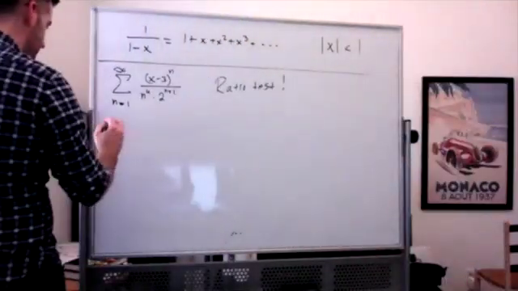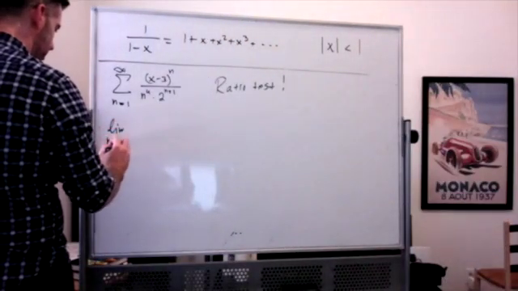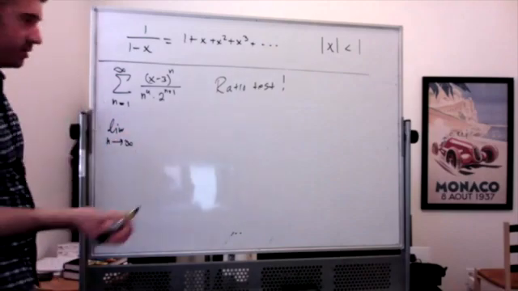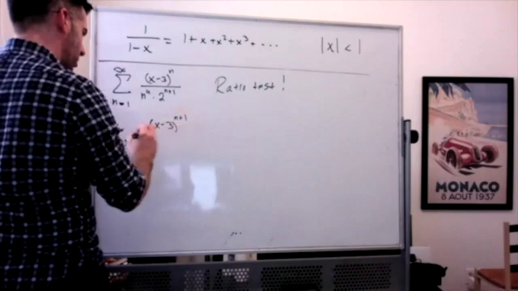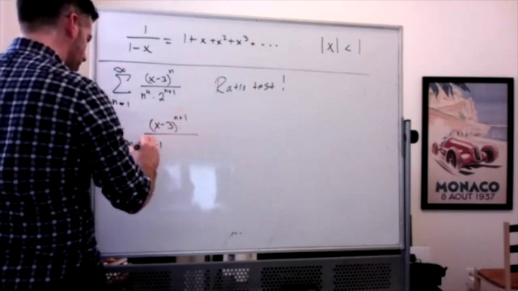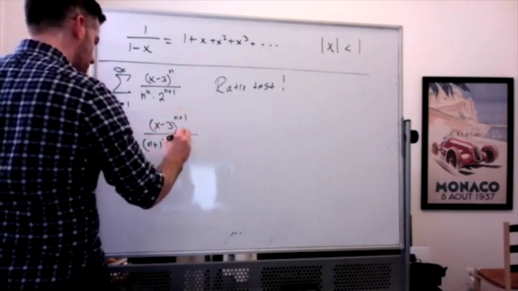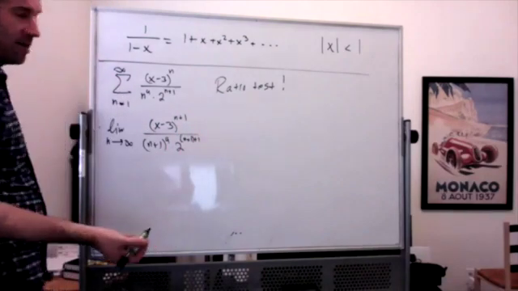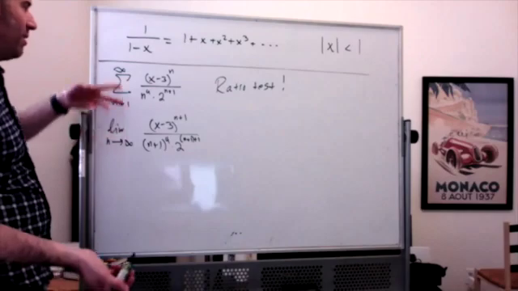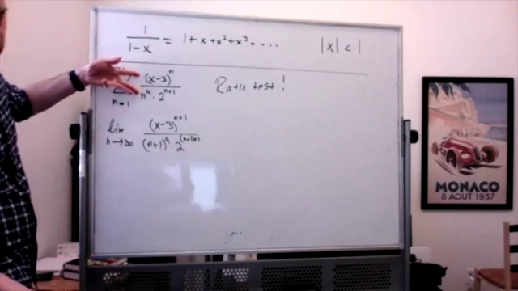We're going to take the limit, as n goes to infinity, of the a_(n+1) term, which is (x minus 3) to the n plus 1 over (n plus 1) to the 4th times 2 to the n plus 1 plus 1, divided by the a_n term. I'm not going to really divide by this, I'm going to multiply by the reciprocal.